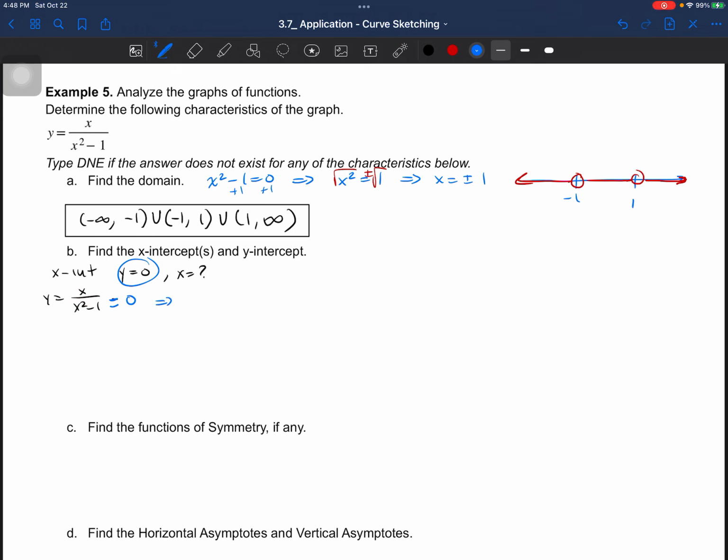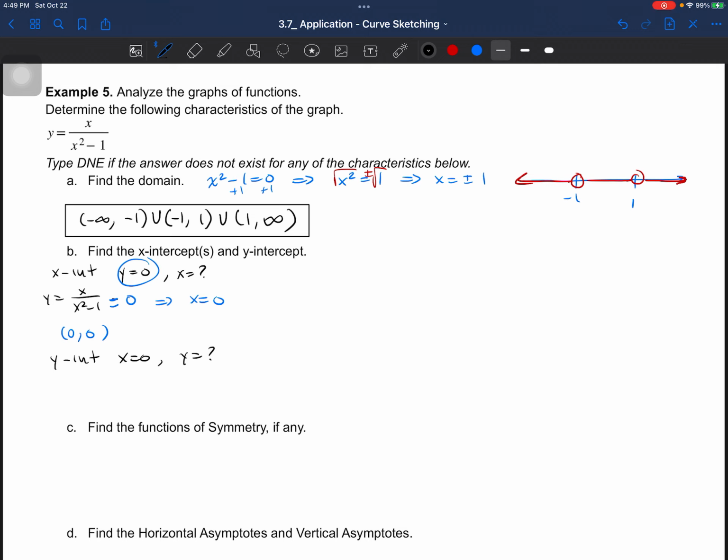I have mentioned before that the only way a quotient is going to be 0 is whenever the numerator is 0. So this is going to happen when x equals 0. So that's your x-intercept, (0, 0).